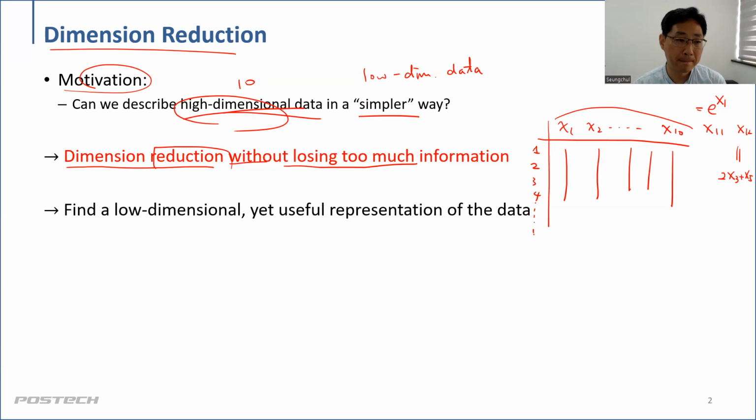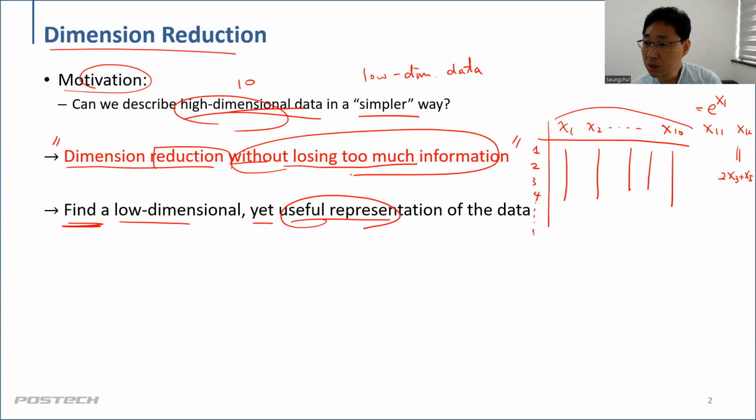That's the key. Find a low dimensional yet useful representation of the data. Useful representation means the same as without losing too much information, right? So I think it's enough as a motivation.